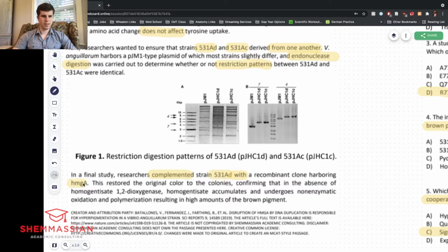This restored the original color, confirming that in the absence of this, homogentisate accumulates and undergoes non-enzymatic oxidation and polymerization, resulting in high amounts of brown pigment. They're just going to straight up tell me the conclusion. So even in the absence of that, we still have high amounts of brown pigment. Okay, that's kind of helpful.